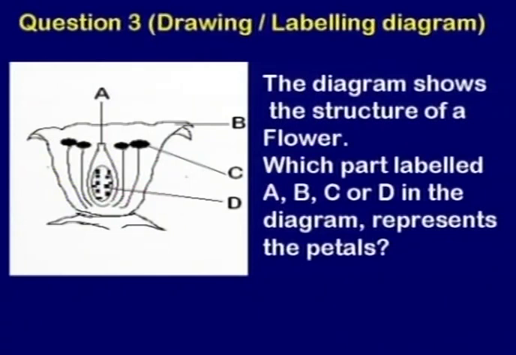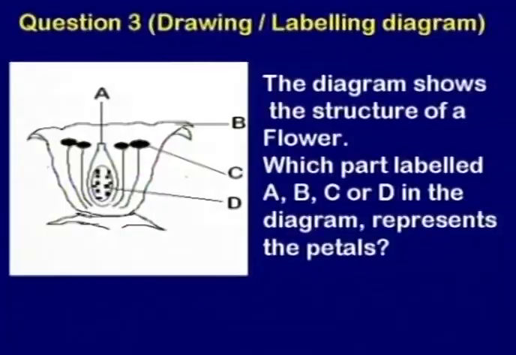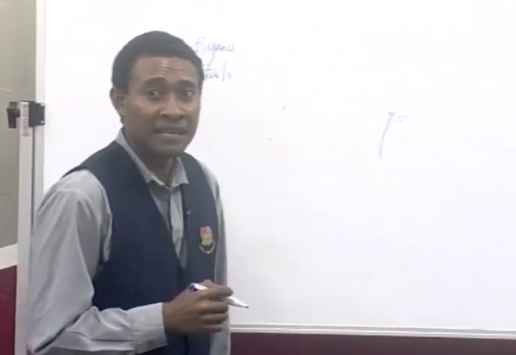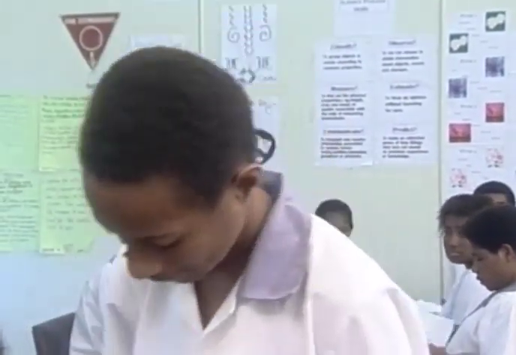Okay. We'll have Teresa. Teresa will give us the answer. Birds. Okay. In a flower, you will have something like this. We are referring to this one here. Let's have Brendan. Anthers. Anthers is correct.